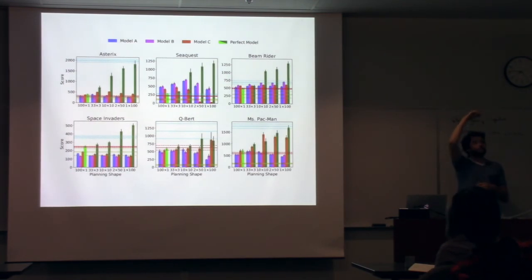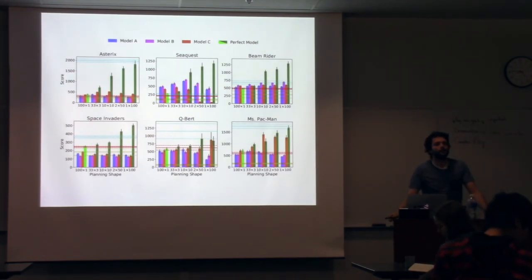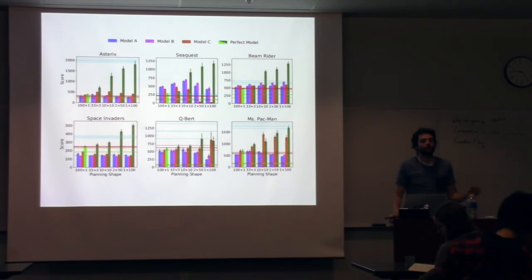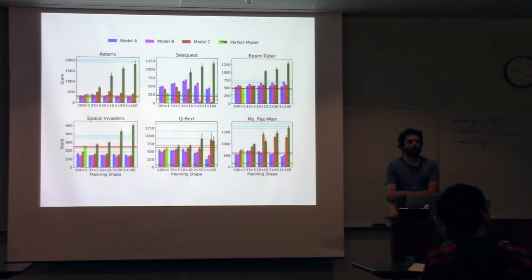All right. It just reminds me of the difference between value iteration and policy iteration. Usually policy iteration is more effective. I'm not sure exactly how these match.